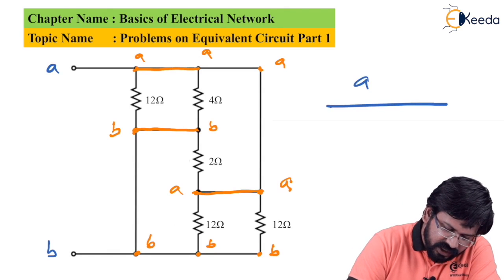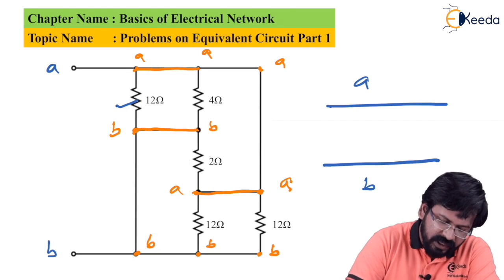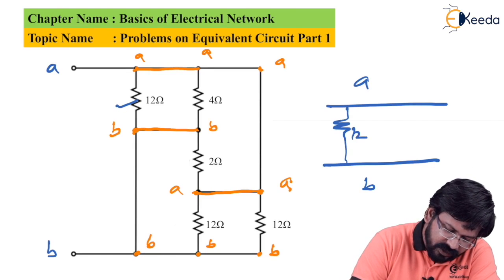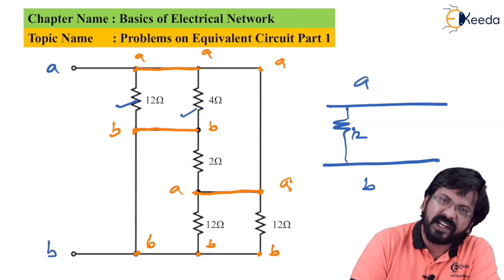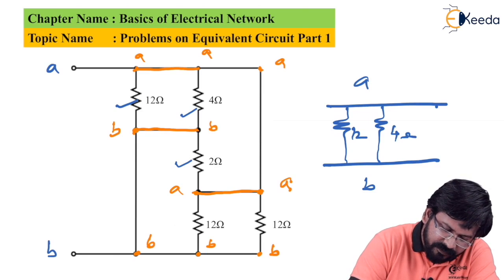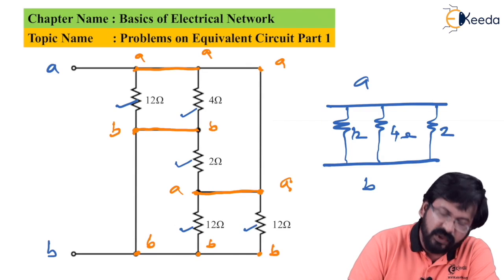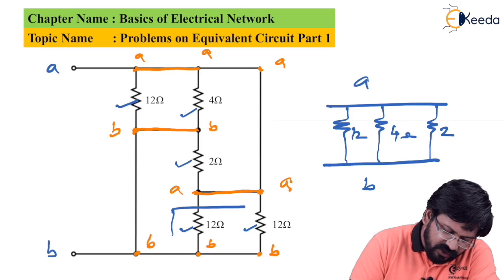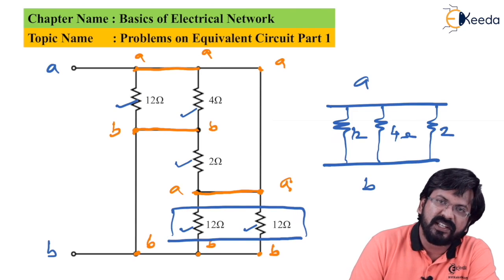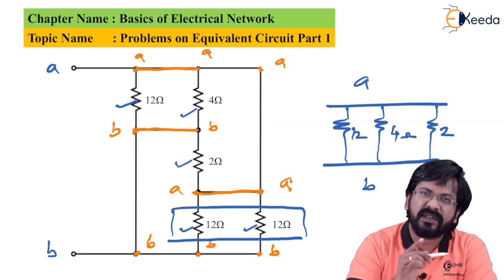If I draw that A and B line, check it out. This 12 ohms is connected between A and B. We have drawn that. 4 ohms is connected between A and B. After that, 2 ohms is connected between A and B. 12 ohms is connected between A and B. 12 ohms is also connected between A and B. In fact, when 12 parallel to 12 combination is there, when 2 equal resistances are parallel to each other, the effective is always half of it.